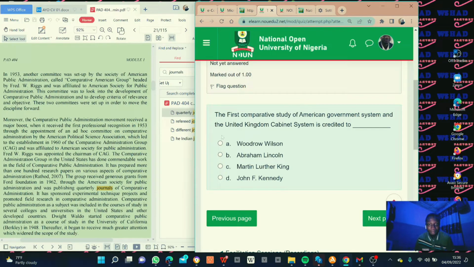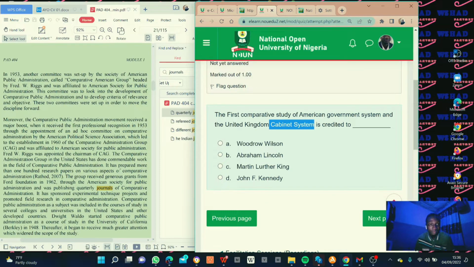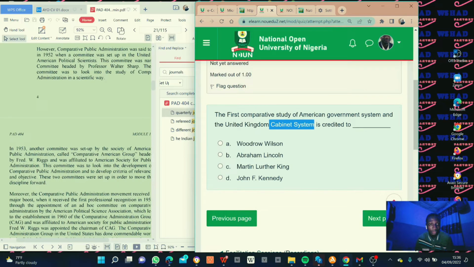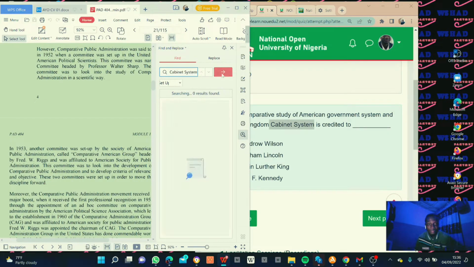Okay, let's check. Let's use the keyword cabinet system. Just copy this and paste it here. Paste cabinet system.